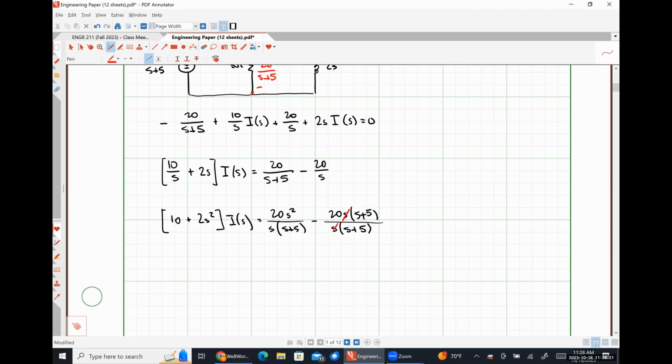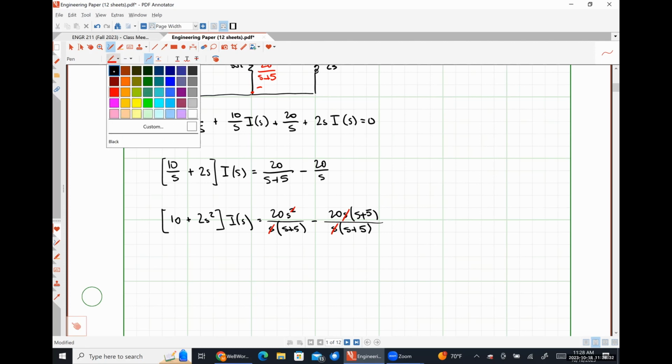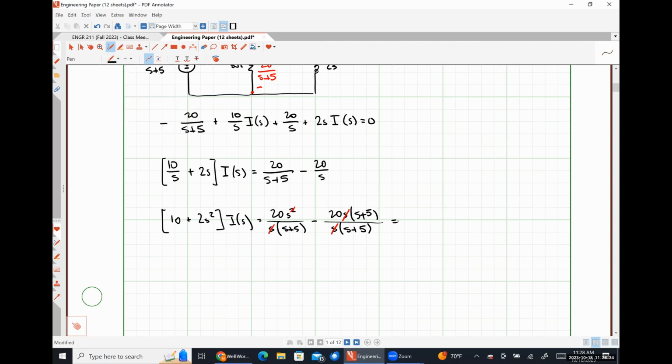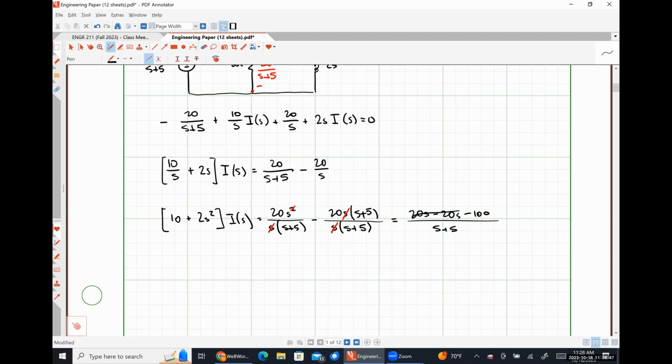So this is going to cancel this. That's going to give me that. So let's expand some things out here. That's going to look like 20S minus 20S minus 100. These guys cancel each other out over S plus 5. Are we okay to this point?